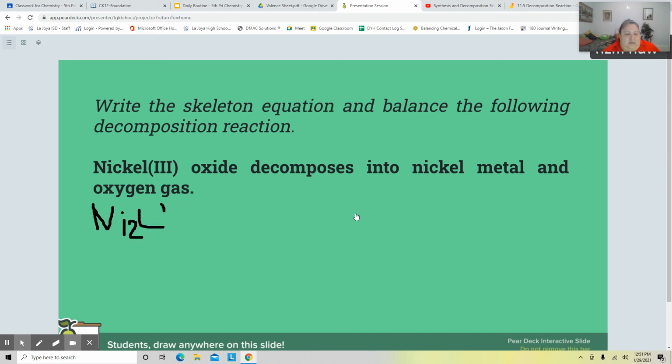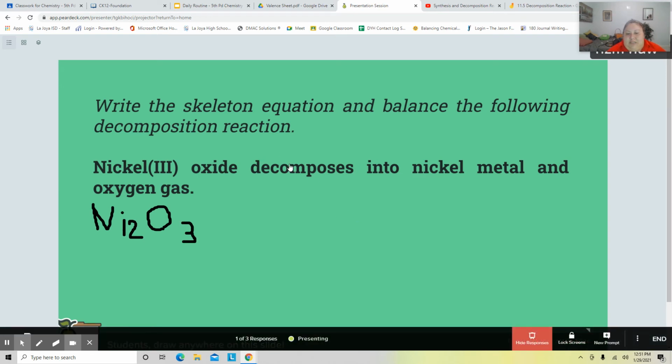Very good. I know it's hard to draw with your mouse. O, and then what's going to come after? A 3. Remember, decomposes means that we have an arrow. We have our yield sign. Draw my arrow.